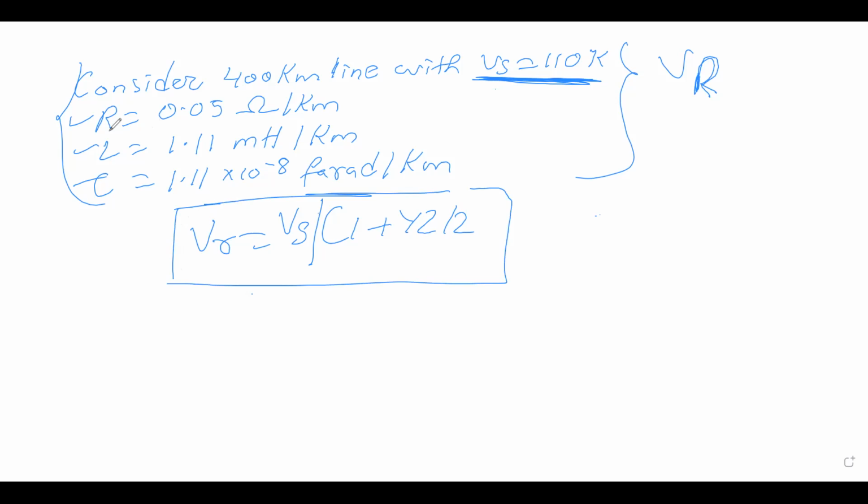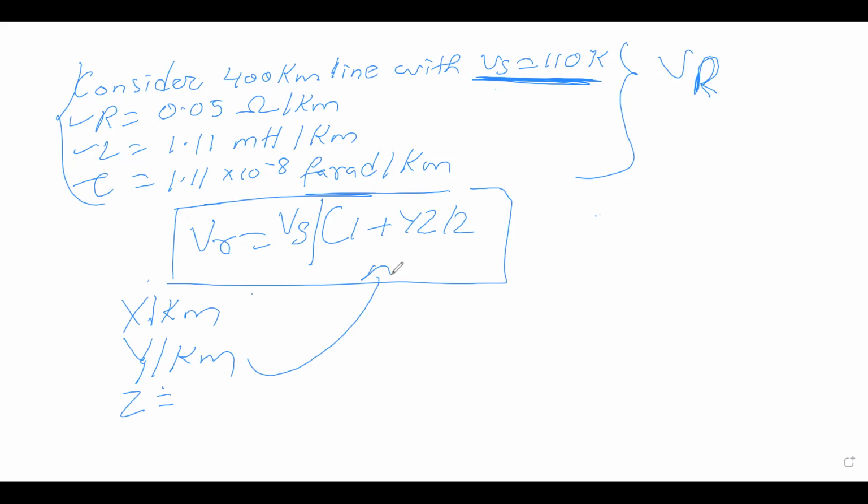So what you have to do: R is given, you have to find X per kilometer, find Y per kilometer, and find the Z value. On putting these data over here, you will get the result.